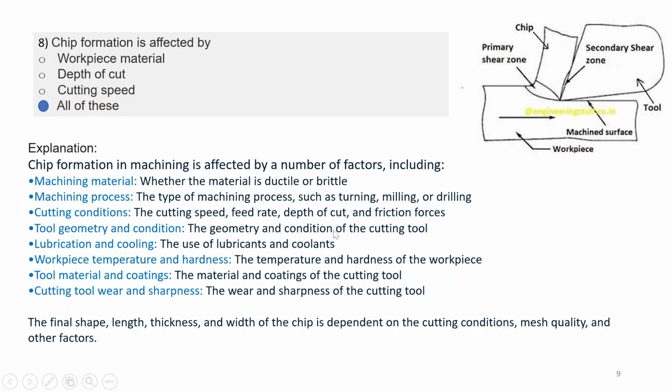The geometry and condition of the cutting tool, use of lubricants and coolants, the temperature and hardness of the workpiece, the material and coatings of the cutting tool, and the wear and sharpness of the cutting tool all affect chip formation. The final shape, length, thickness and width of the chip is dependent on these cutting conditions and other factors.